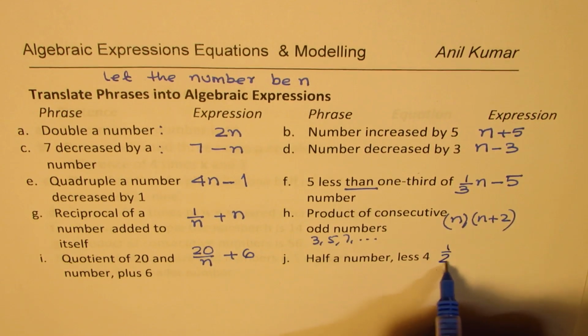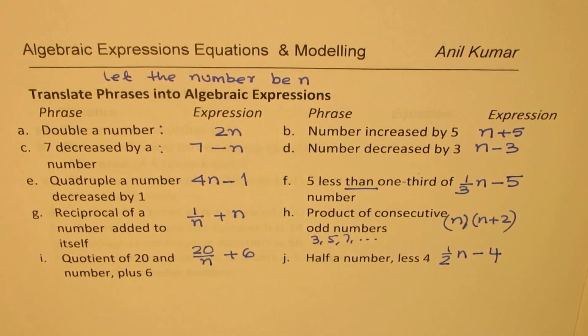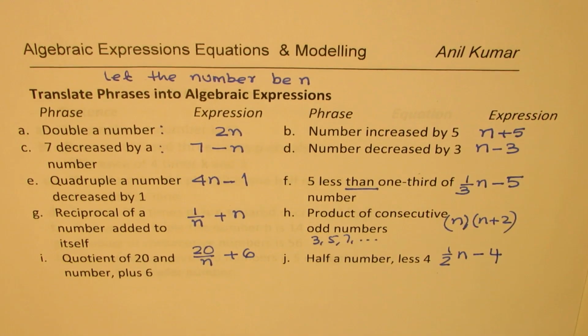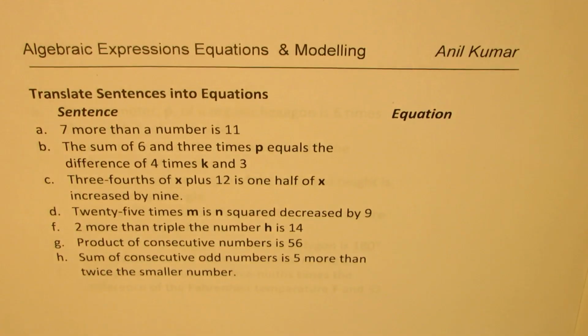So half of a number less 4. Is that clear to you? So that is how we actually write phrases into algebraic expressions, right? I'd like you to pause this particular portion, look at them once again, and then move forward to converting sentences to algebraic equations.